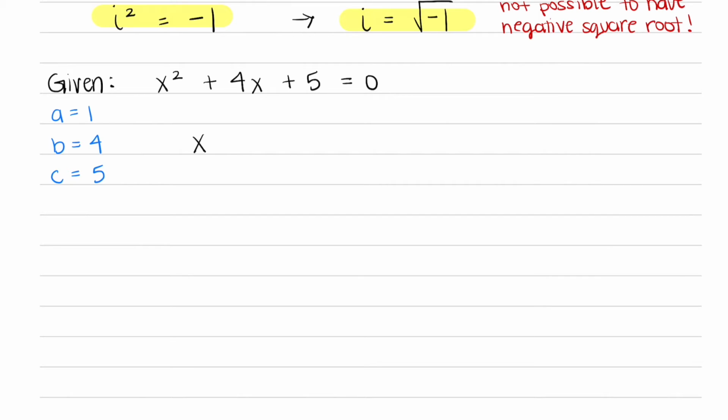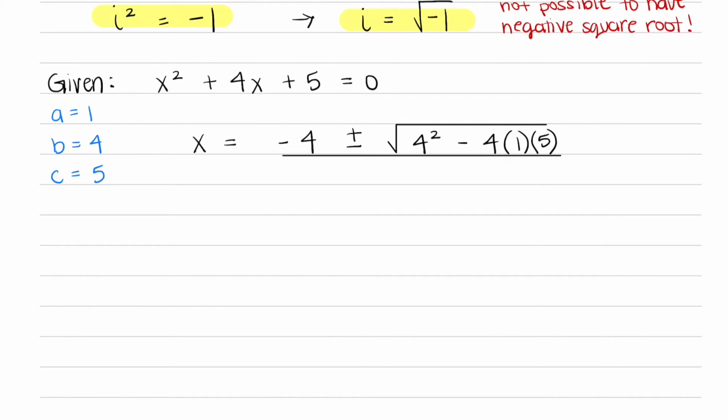So x equals negative b, in this case -4, plus or minus the square root of b squared, which is 4 squared, minus 4 times a, 1, times c, 5, over 2 times a, which in this case is 1. Now let's reduce.